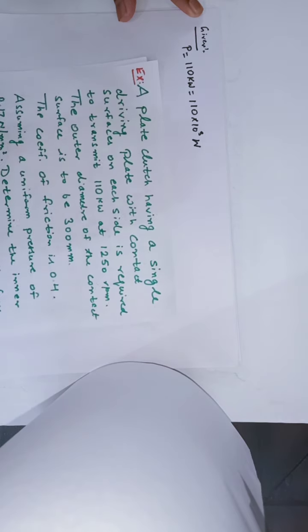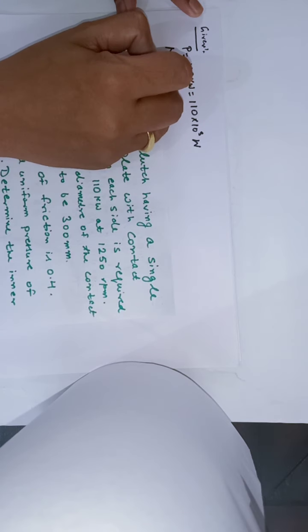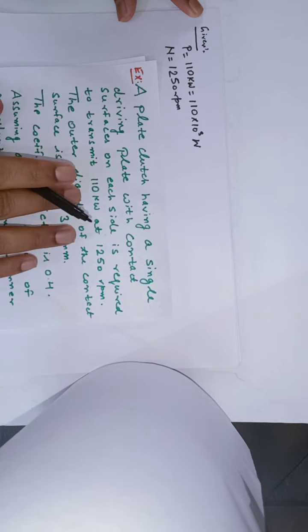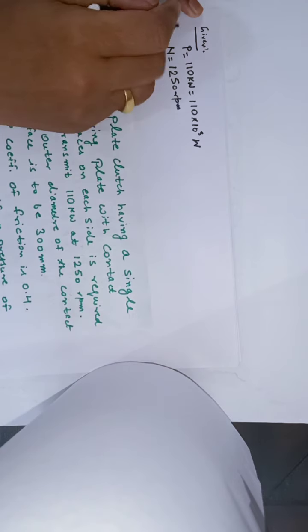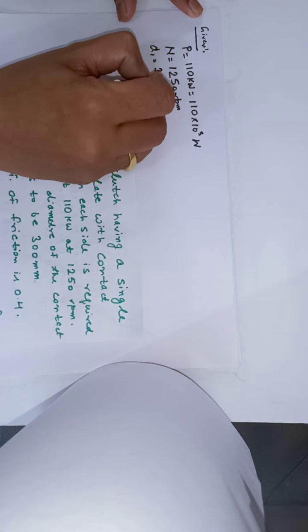Now next one is RPM. RPM is 1250 RPM. Next, the outer diameter of the contact surface is 300 mm, meaning outer diameter D1 is 300 mm.